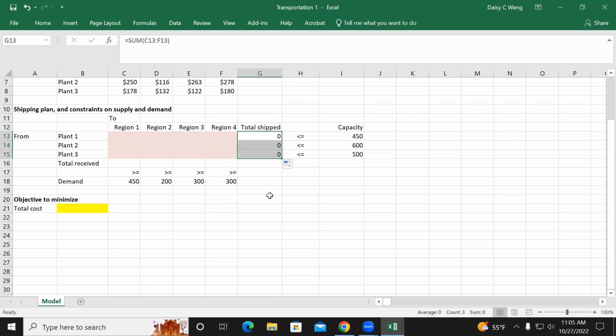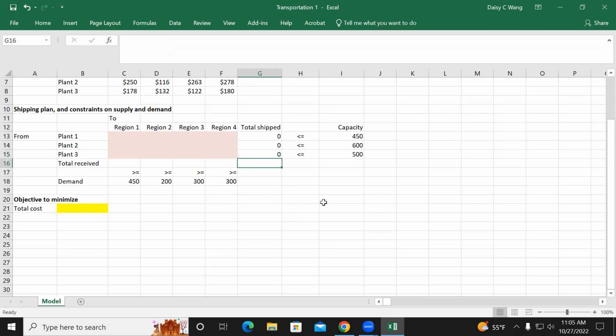When you drag the formula, always double check: click on the last cell you dragged to, to see if it's in the right place. And from here, it's in the right place.